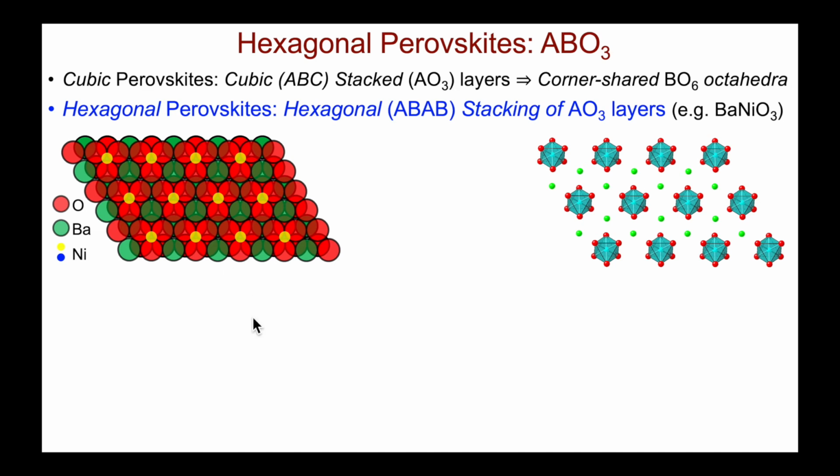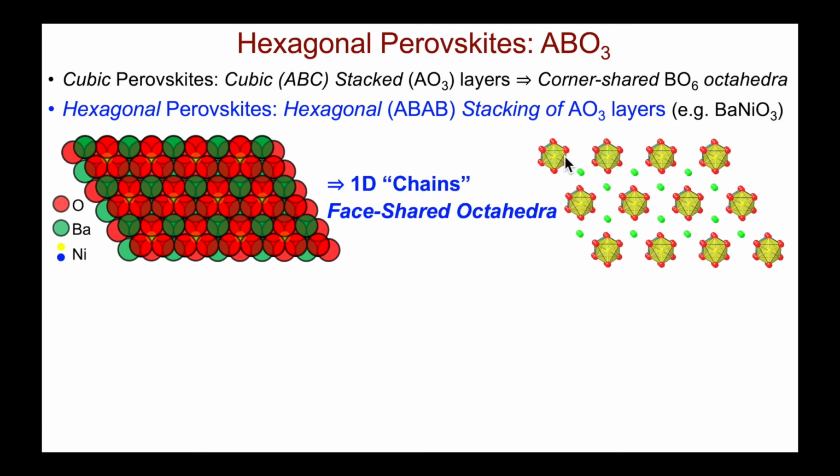Let's add the third close-packed layer, and we can see here these face-shared octahedra. Let's clarify that in our polyhedral view, where now there is my next layer of octahedra, sharing faces with the one below, and we can see we get these isolated one-dimensional chains throughout the structure.